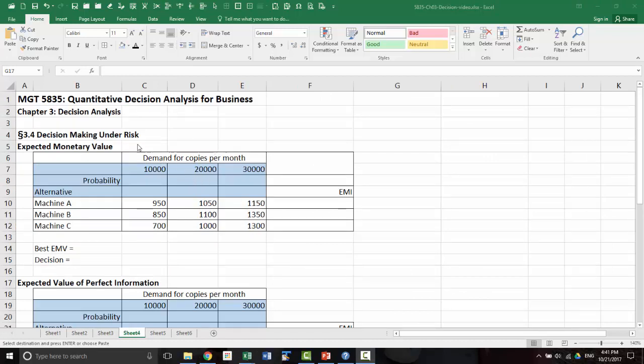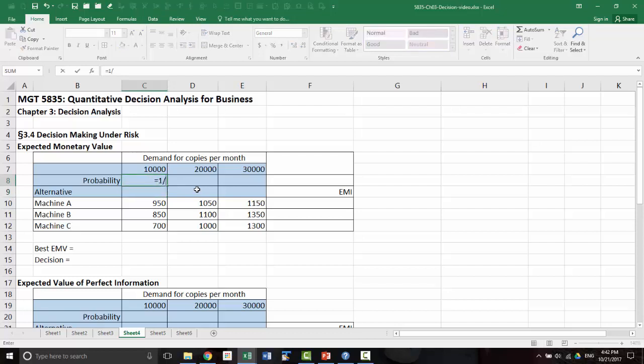Okay, now continuing with the cost problem, we want expected monetary value. So we have probabilities now to be assigned for each possible future state of nature. So let's assume equal probability to start with. Okay, so let's say 1/3. Don't type in 0.33 like that, so that's very inaccurate.